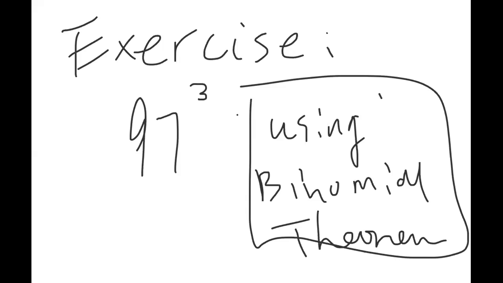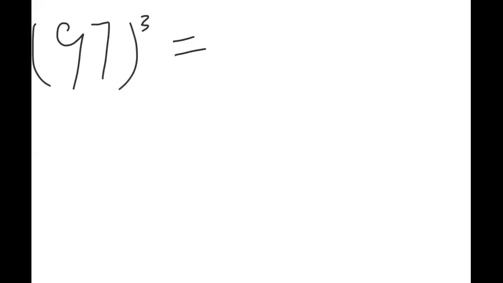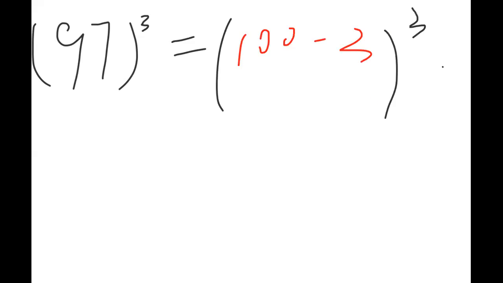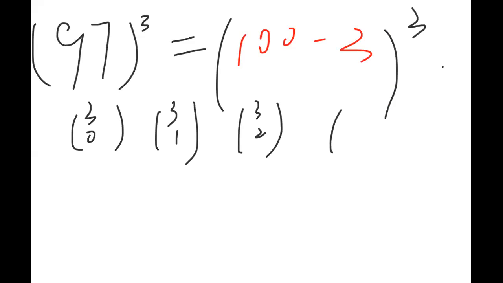All right, let's go over this. So 97 can be represented by 100 minus 3. Right. So for cubic powers, the coefficients are C(3,0), C(3,1), C(3,2), and C(3,3). That is 1, 3, 3, 1.